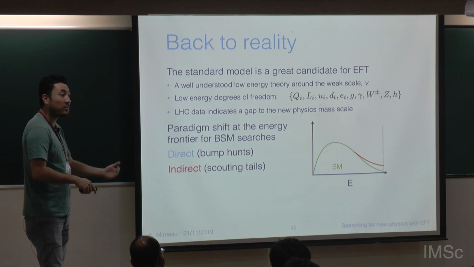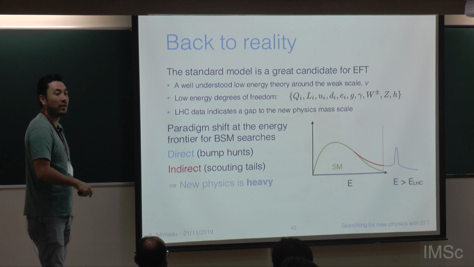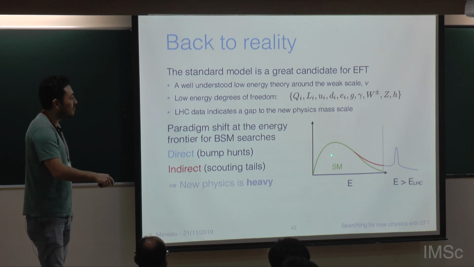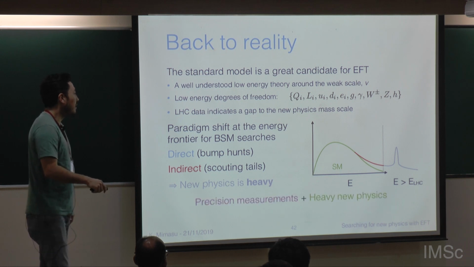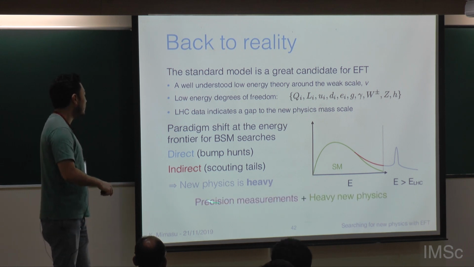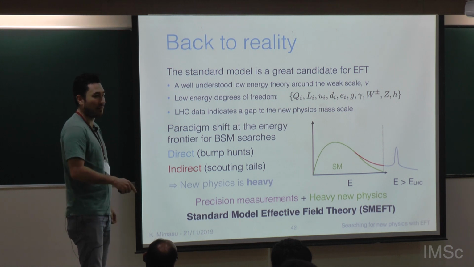The underlying assumption here is that new physics is heavy. So you've got some resonance at some energy a little bit out of reach of the LHC, causing an indirect effect in the tail of this distribution. And so the combination of precision measurements and heavy new physics lends itself extremely well to this standard model effective field theory paradigm.